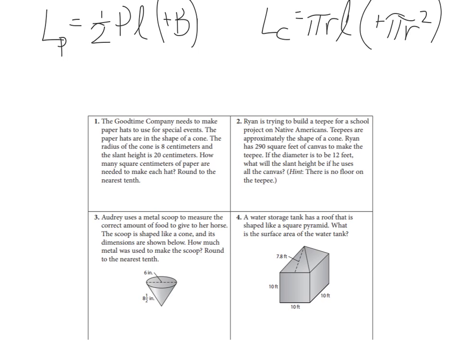Then this fun thing here, surface area of the water tank. It has a roof, and they want the surface area of the whole tank. First we have the pyramid, supposed to be a square pyramid. That doesn't look like a square, but it's 10 on each side.